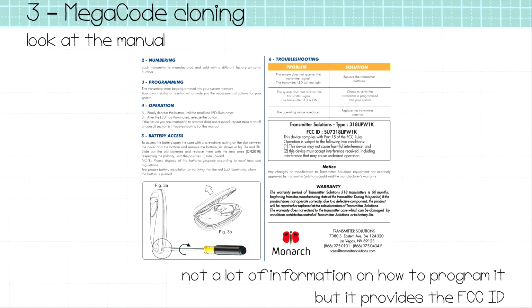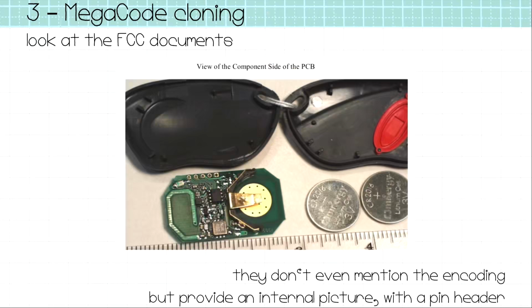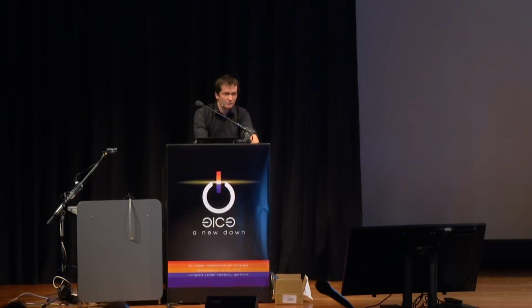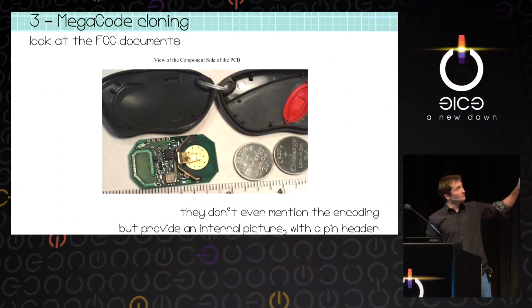The manual doesn't tell you how to program it. There's a small section telling you to contact your manufacturer, but there's the FCC ID on the right, and we've seen the FCC ID is pretty interesting. So you look at the FCC ID, you don't find as much information as the previous one, but at least you have a picture of the interior, and you will almost immediately see that on the top there's some pin header which is unsoldered, and this indicates that it is the programming header which you should connect to program it.